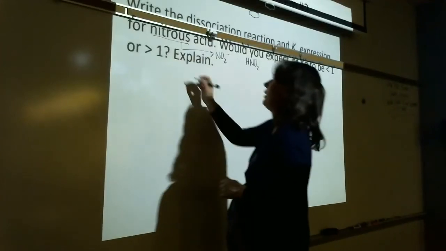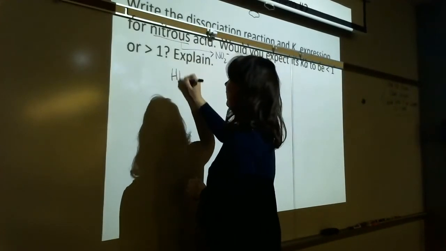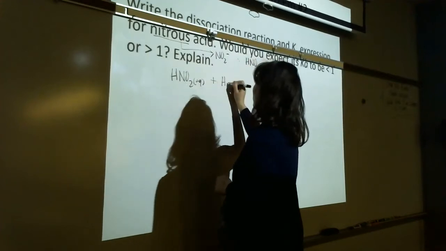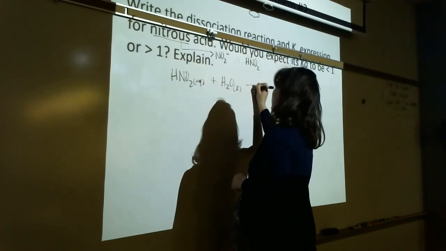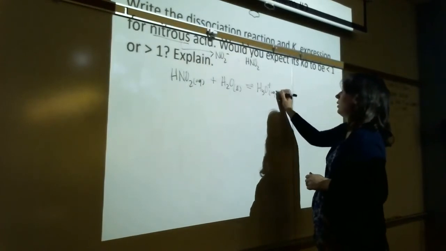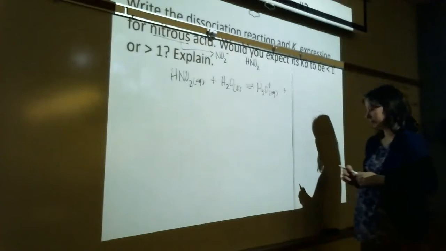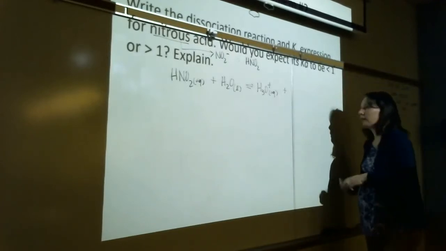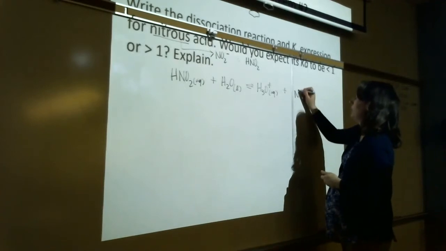Okay, so let's write our equilibrium expression. HNO2 (aq) plus H2O is in equilibrium with H3O plus and NO2 minus, right? Can't forget our conjugate base.